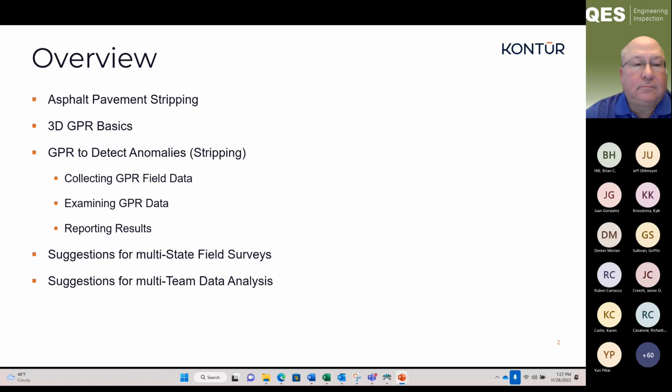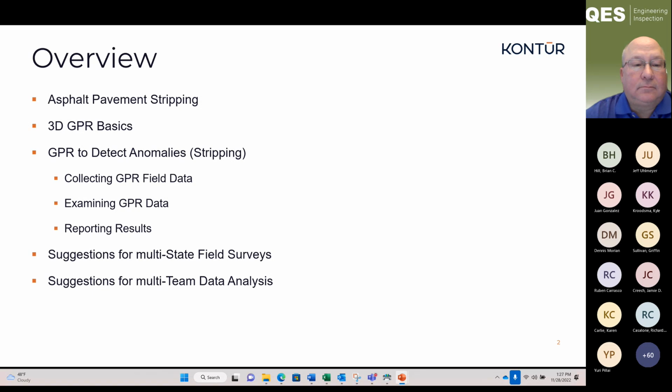Then we're going to talk about how GPR can detect anomalies, and I'm going to use that word in particular because we can't necessarily guarantee that what that signal reflection is actually stripping, but we can certainly say that the material properties below that pavement surface have changed, so we call those anomalies.